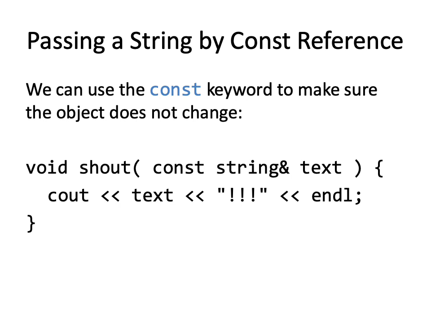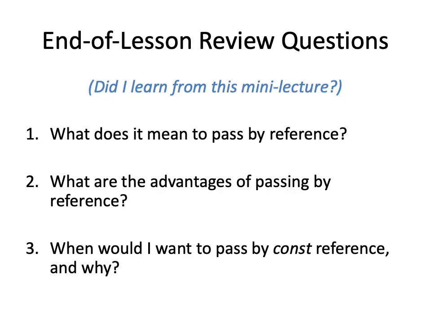Those errors can be really, really hard to track down. So I'll just leave it there and say it's a really good practice in general that if you pass something by reference, and you don't need it to change, then make sure you pass it as a constant reference. It's just a good programming practice.